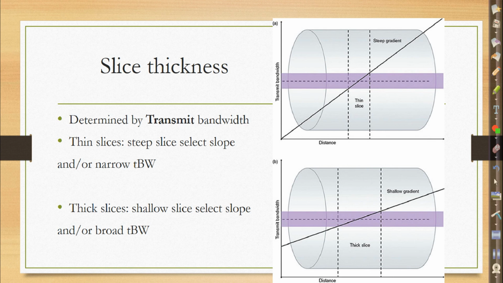All right, so how do we determine how thick that slice is? We know we can excite a particular slice, but sometimes we want really thin slices. When do we really deal with thin slices in MRI? Where is it really important to have really good spatial resolution? Brain slices are more like 5 millimeters.